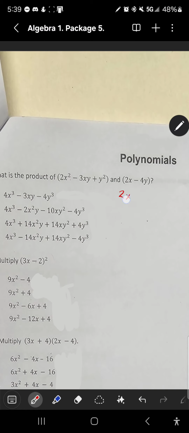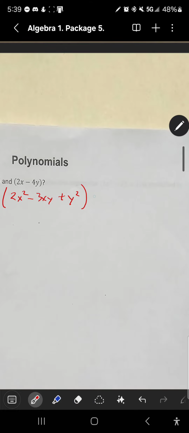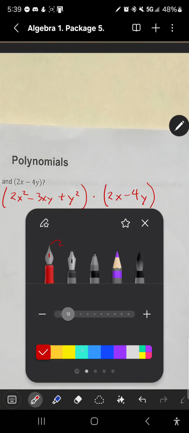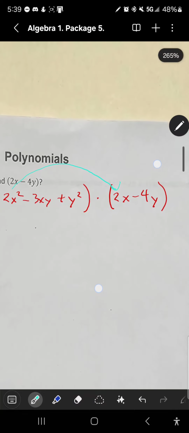So 2x squared minus 3xy plus y squared, all this times 2x minus 4y. So I'm going to go step by step. So I'm going to go with the 2x first. So 2x squared times 2.